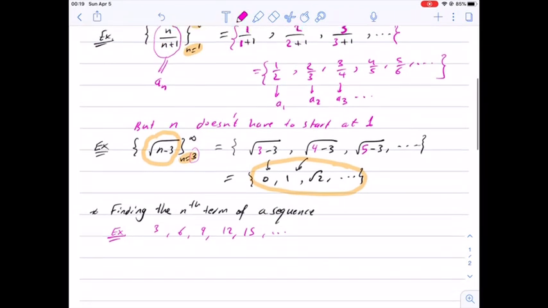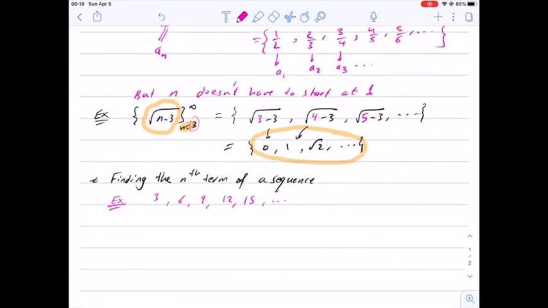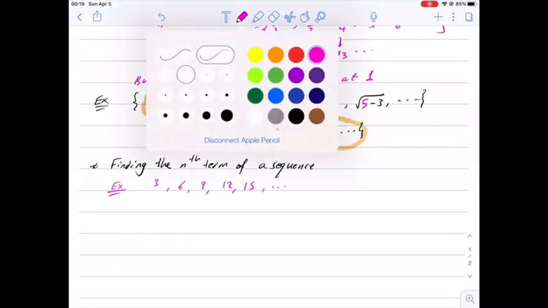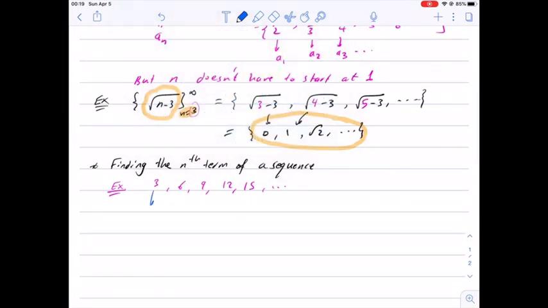Now if I give you this sequence and I ask you to find the nth term, you can first make a correspondence with the natural numbers.